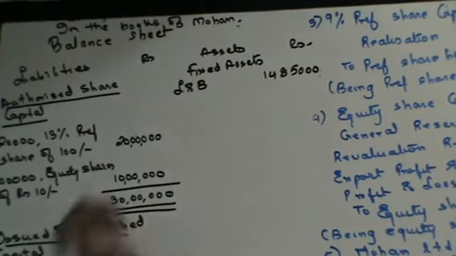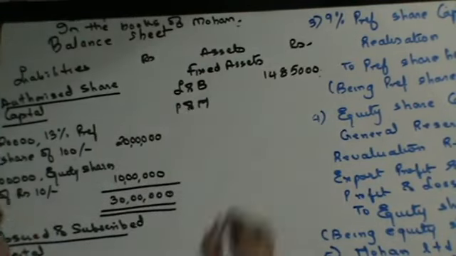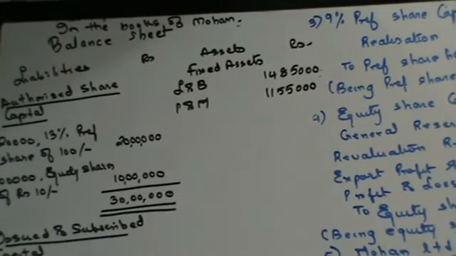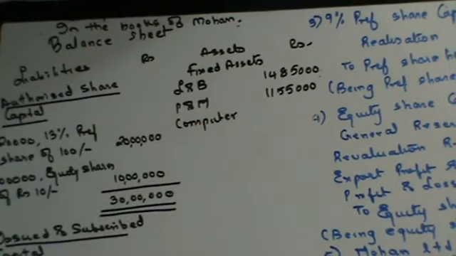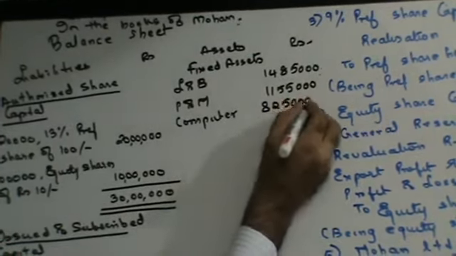Then you have plant and machinery, 11,55,000. Then you have computer, 8,25,000.